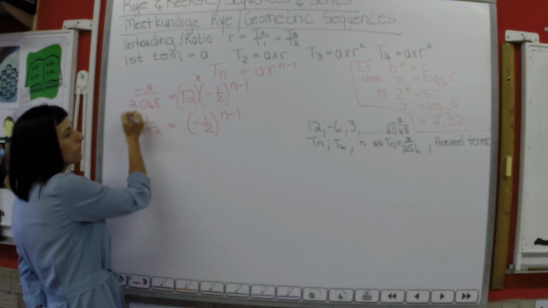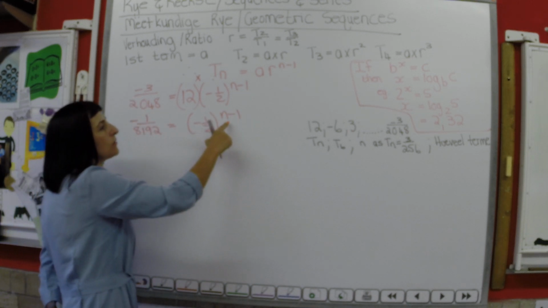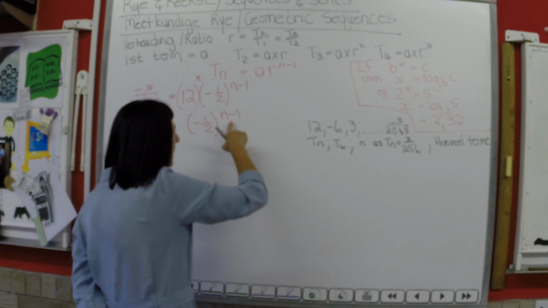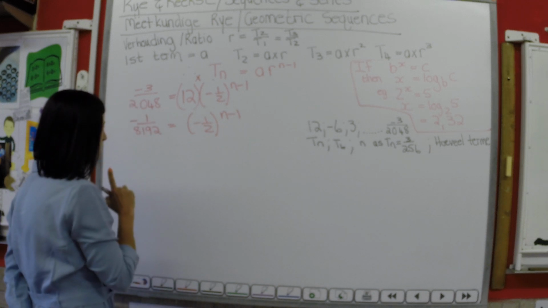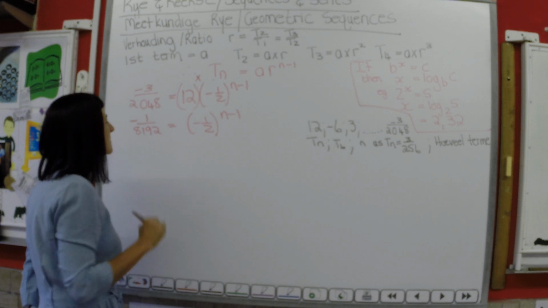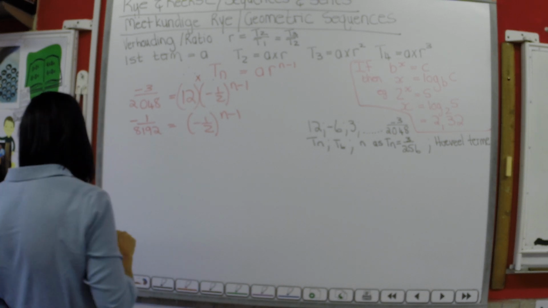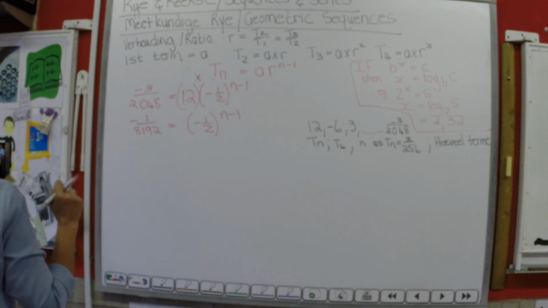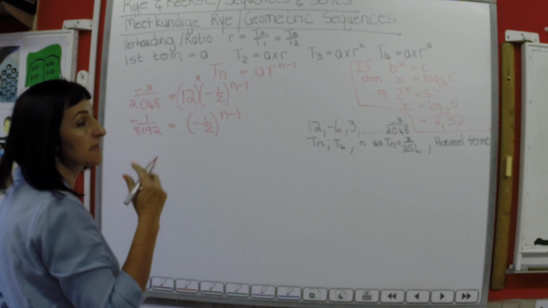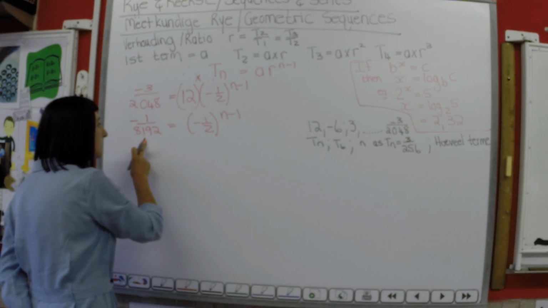Nou, omdat hierdie antwoord negatief is, weet ek, this power must be uneven, because if it's uneven, it's going to be negative. So ek gaan nou soek, 'n half tot die mag 10 het ek nou gesien is 1024. So ek gaan nou op my sakrekenaar probeer tot die mag 11, ek skiep 12, want anders sou hy nie negatief wees nie.